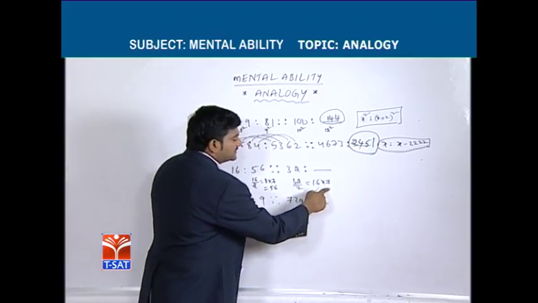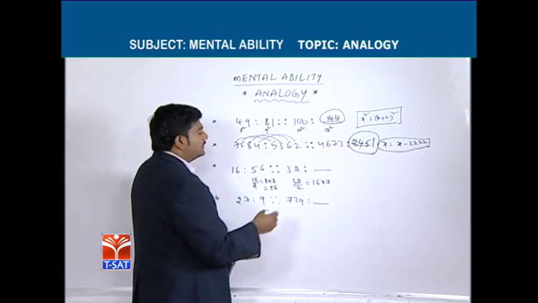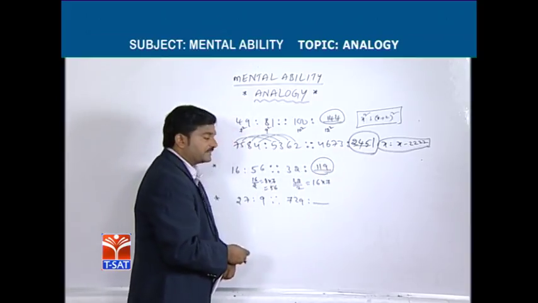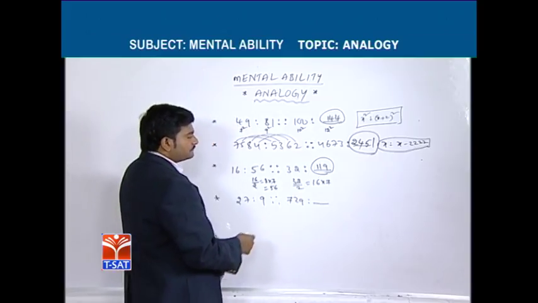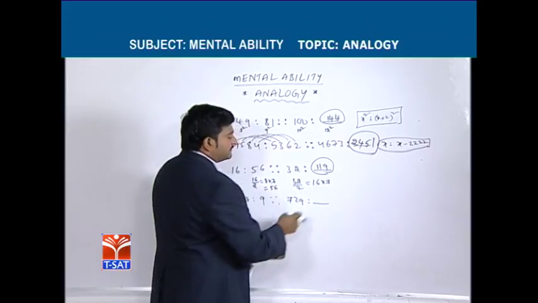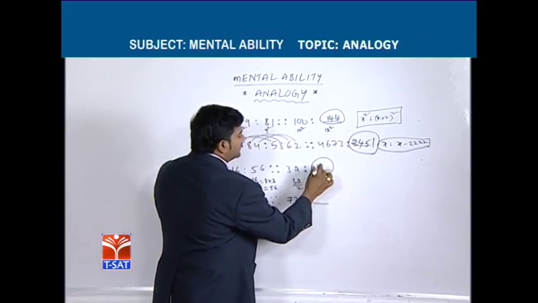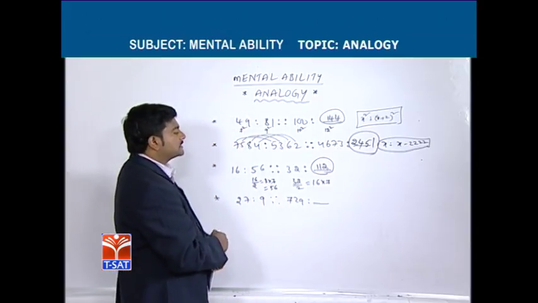Simply 10 sevens are 70. 6 sevens are 42. 70 plus 42. Simply what can you take here? 119 you can take. Is it 119? No. Once again, 10 sevens are 70. 6 sevens are 42. That's why here I am getting 112 only, 112. That is the concept for that.